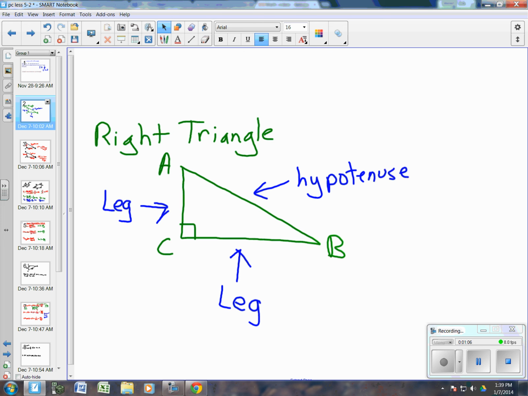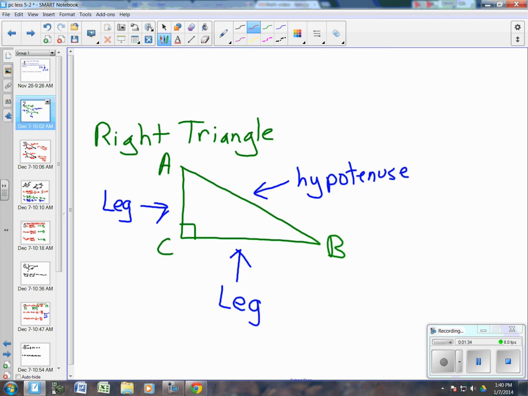One other thing I want to note, when we label triangles, we usually use capital letters to name the points or the vertices. What do we use to name the sides? Lowercase letters. We do. We could name this hypotenuse side AB. We can use two capital letters, the two vertex letters, but that's kind of long.